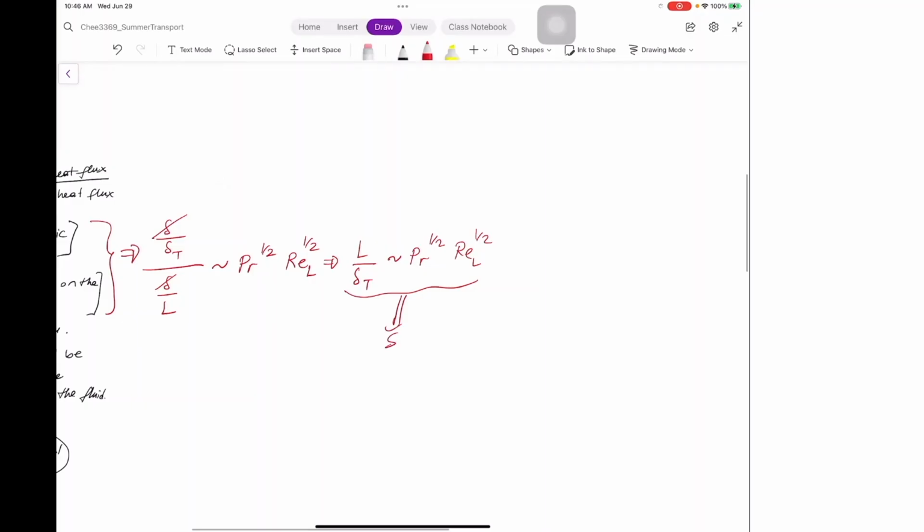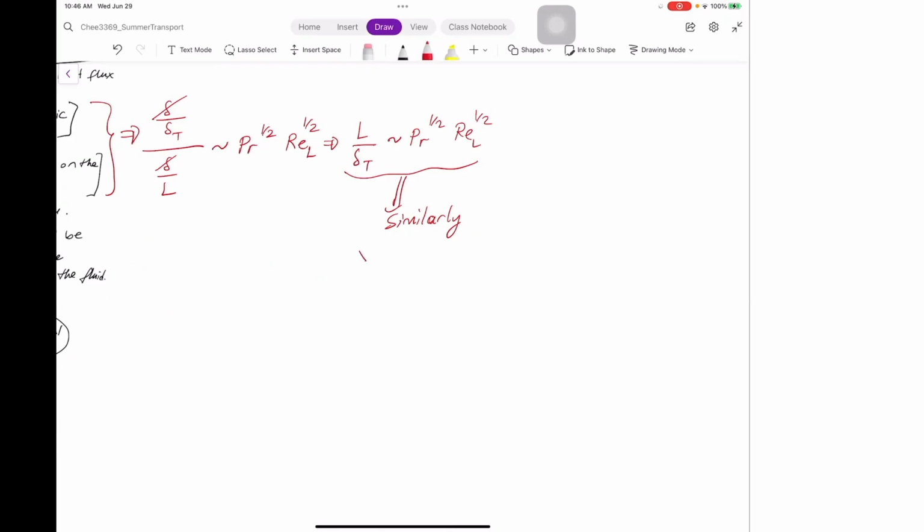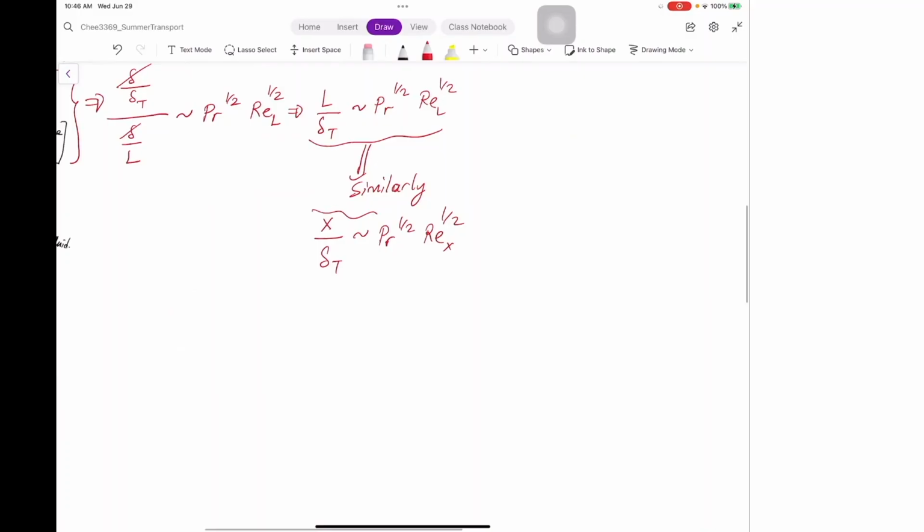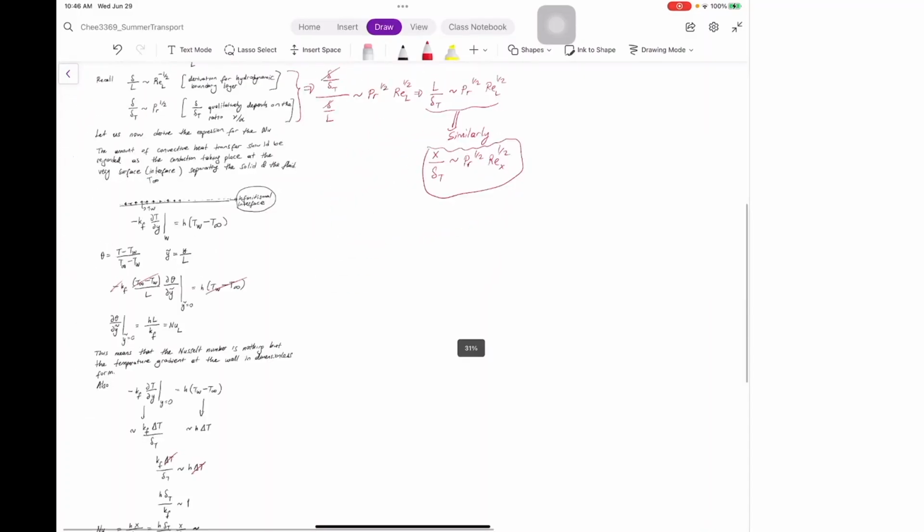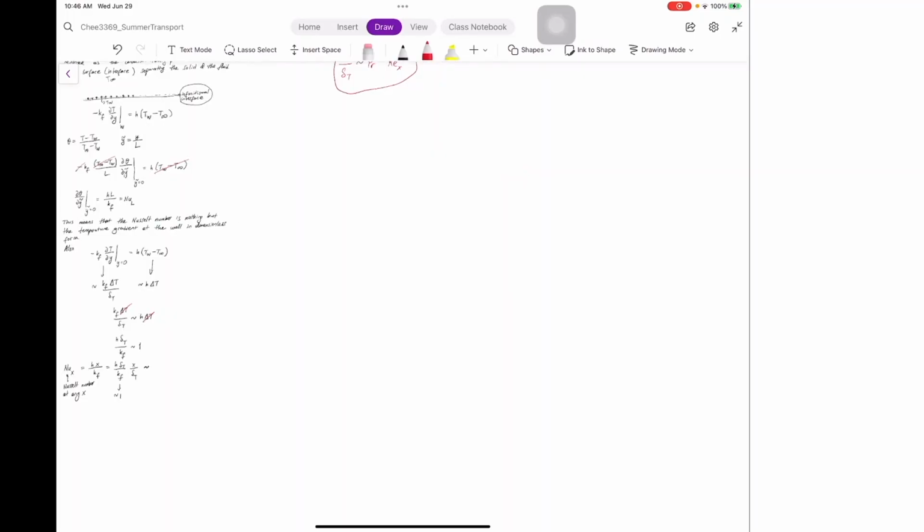Similarly, you can have x replaced by L, L replaced by x. Delta t is approximately Prandtl number 1/2, Reynolds number x 1/2. You know the definition of Reynolds number x, so you can use that one. So have a look at this.